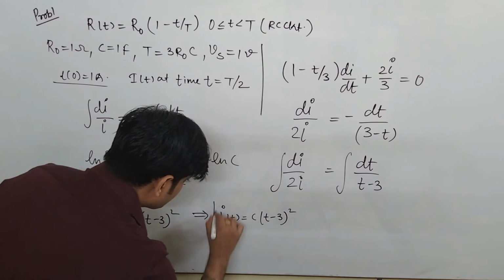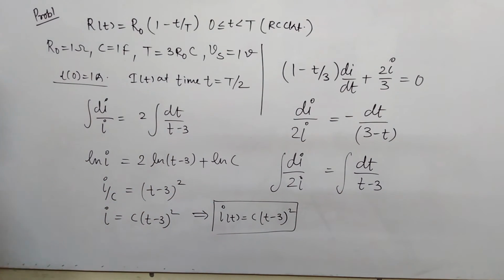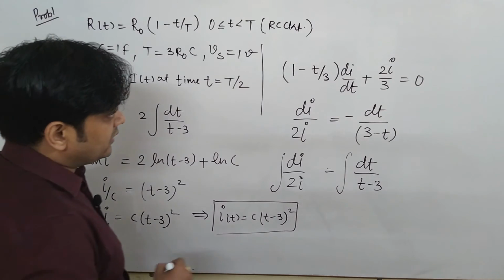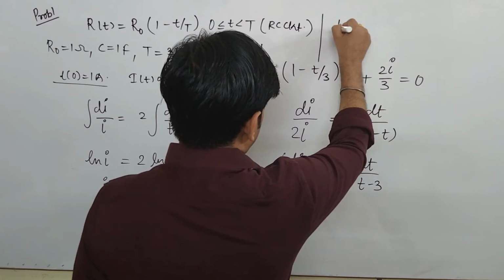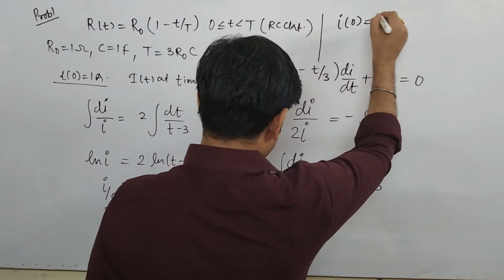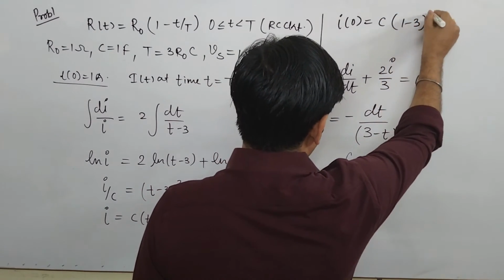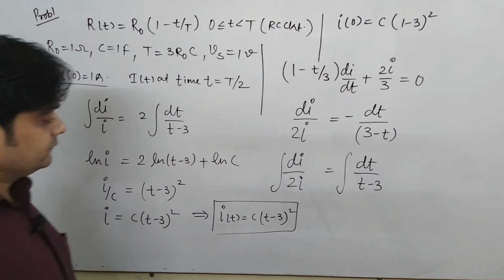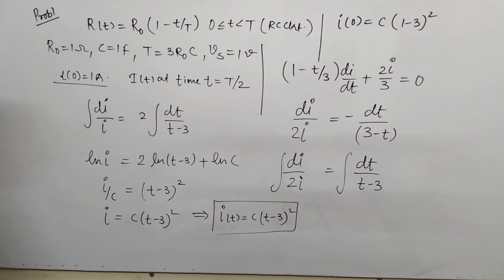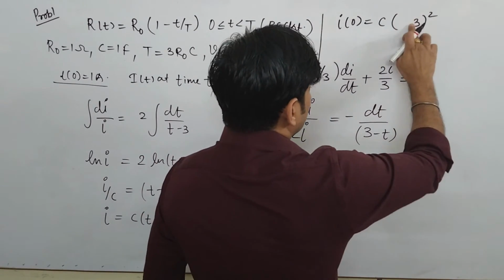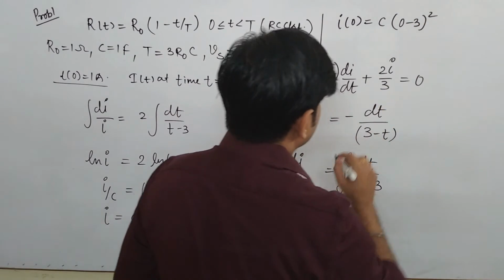This is your solution for it, and once you know the initial condition, that is I0 is 1, you can put it here. So I0 equals c into, to find the value of t, it is not 1, it is 0, so 0 minus 3 square, that is 9.